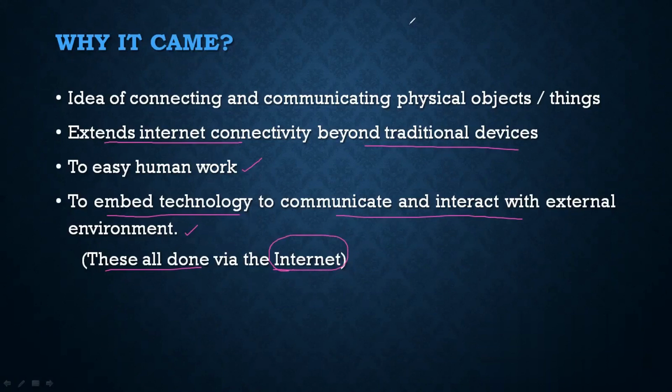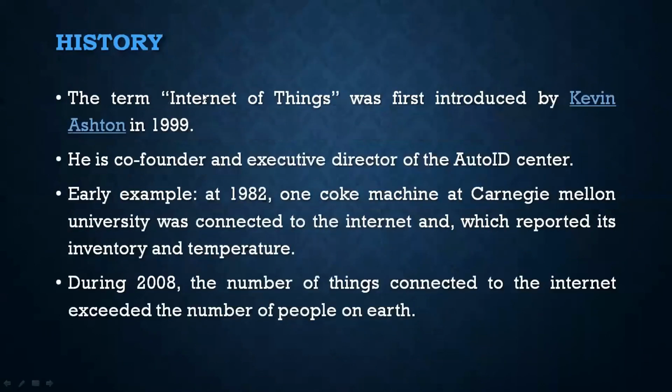And next we see a brief history about IoT. The term IoT was first introduced by Kevin Ashton in 1999. He is one of the co-founders and executive director of the Auto-ID Center. Let's take one early example of a device connected to the internet. It happened at Carnegie Mellon University.